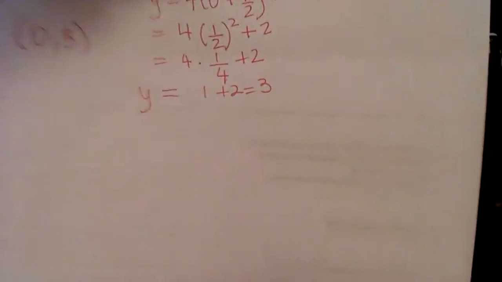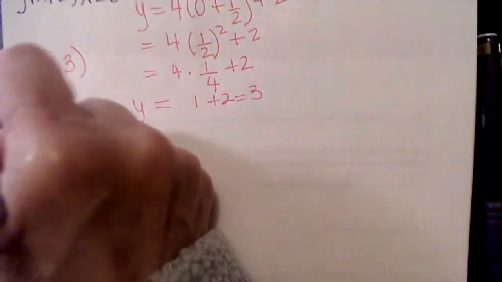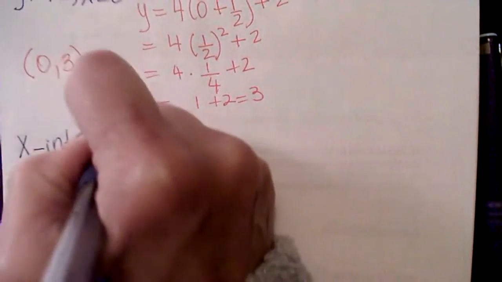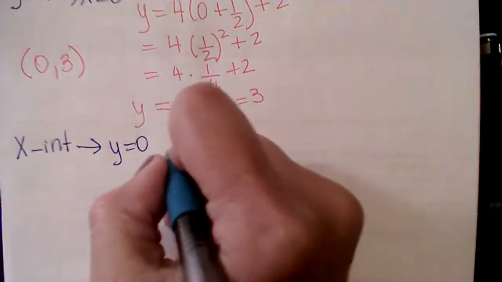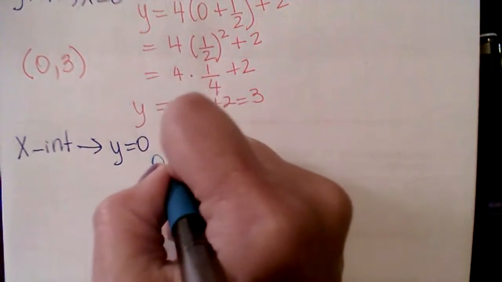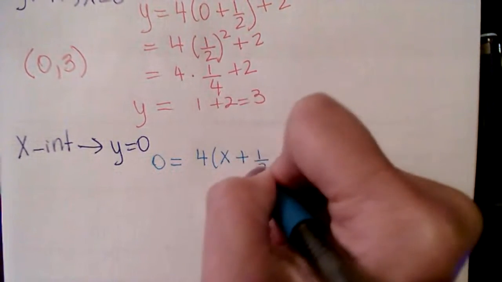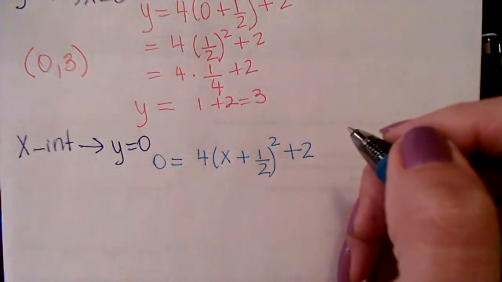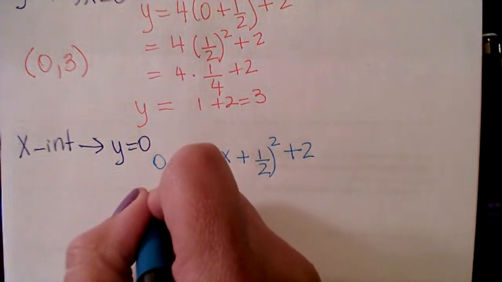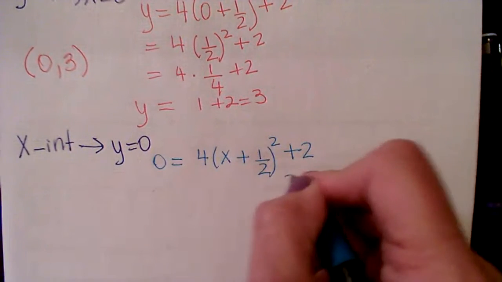Now let's find the other one. X-intercept, when y is equal to 0. So it's going to be 0 equals 4 times x plus 1/2 squared plus 2. So this is going to be equal to what? Remember, we moved this one, so we're going to subtract 2 on both sides.